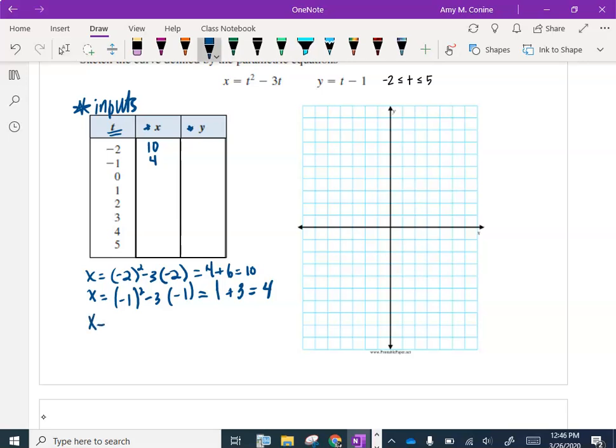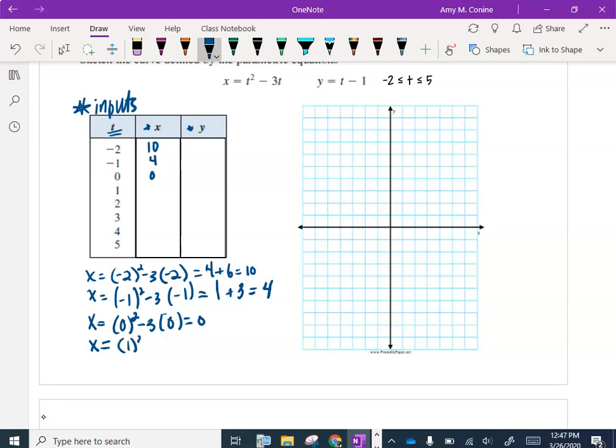Then for x, we plug in our t value of 0, and you should just get 0 there, and you're going to do that for all of these numbers. You're literally taking the value of t and plugging it in for each part of the equation.